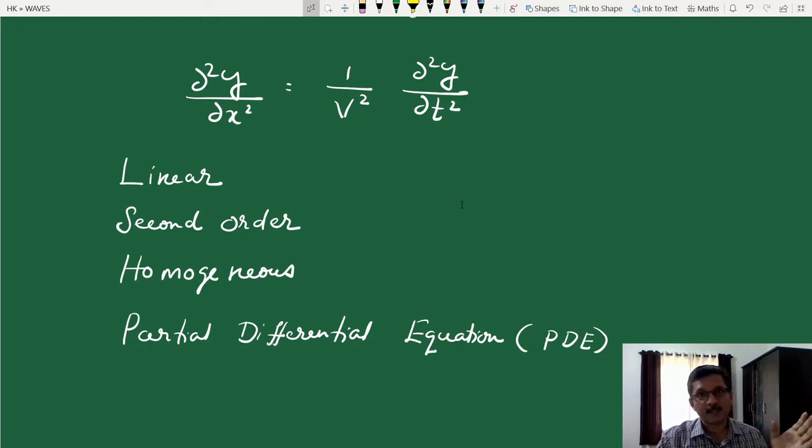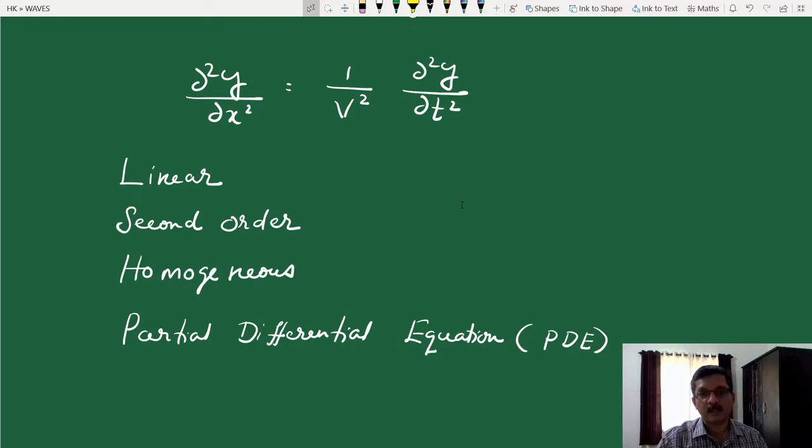But whether you write 0 on the right side or not, homogeneous is an independent idea, because we can always make the right hand side equal to 0 in any equation. So homogeneous means every term contains either the unknown function y or its derivative. See, the term on the left side contains the second derivative of y, the term on the right side contains the second derivative in t. So it's a homogeneous equation.